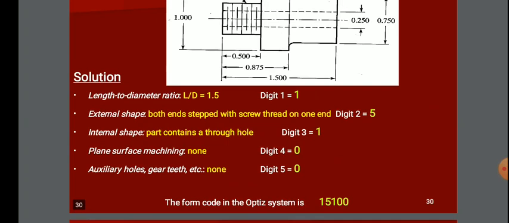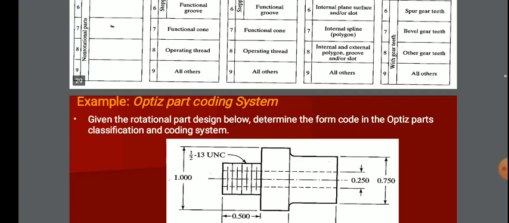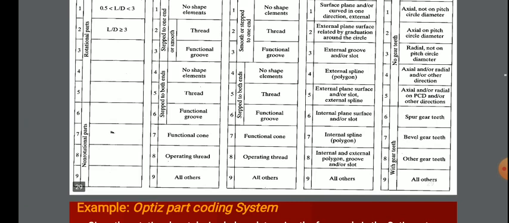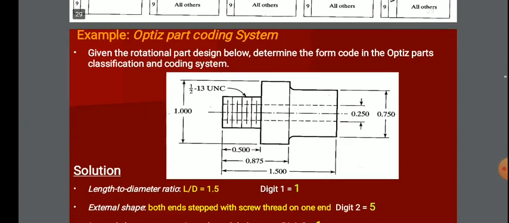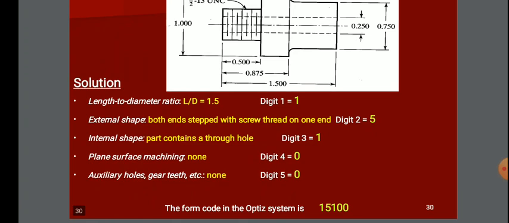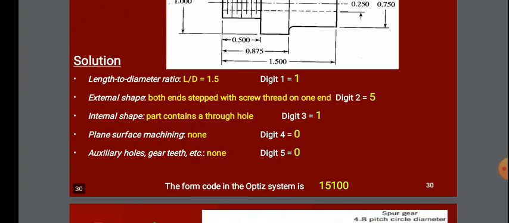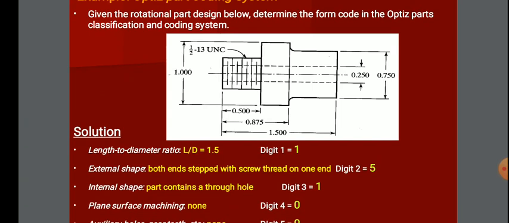In form codes there are 5 digits representing 5 categories: part class, external shape and internal shape, plane surface machining, auxiliary holes and gear teeth. Based on this procedure we have derived the values, and finally we assemble them to form the OPTIZ form code: 15100. This is the OPTIZ form code for the given part.